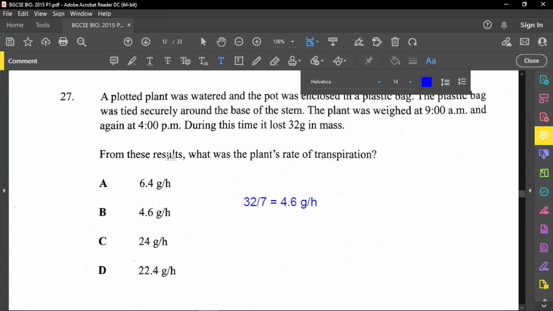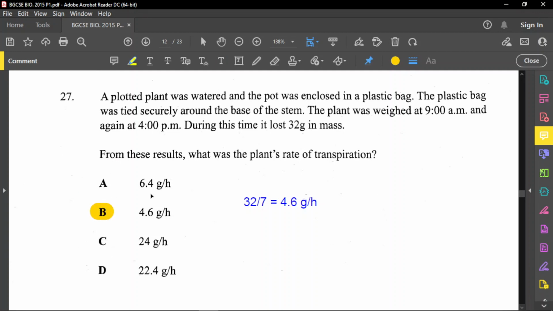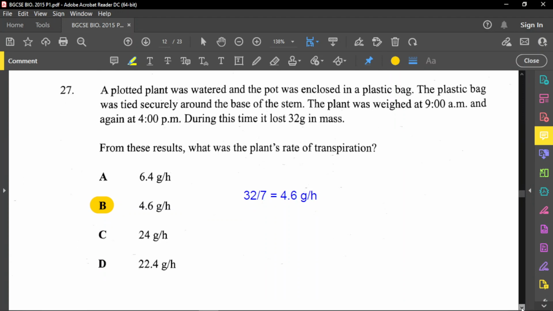That will be our answer right there. So the plant will lose 4.6 grams of mass every hour. So 27 will be B. All right, so let's jump into our next question.